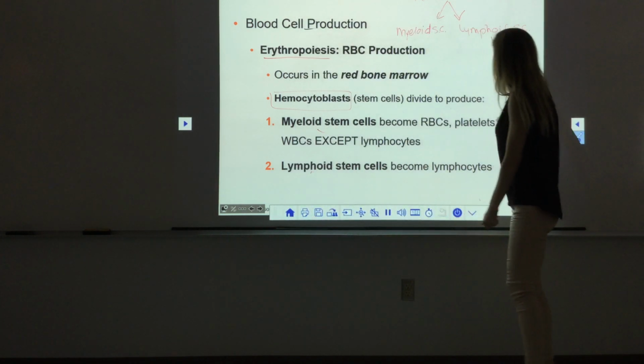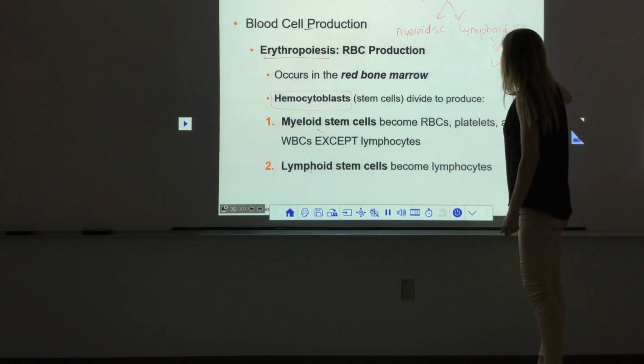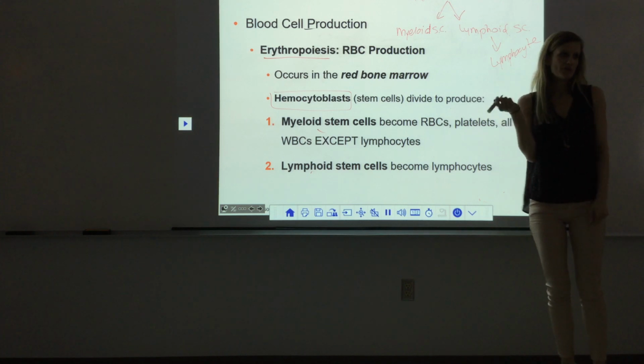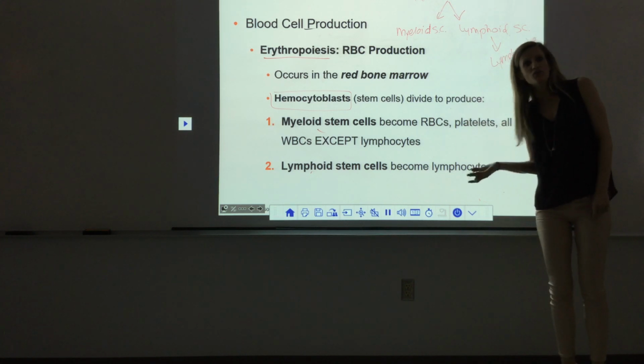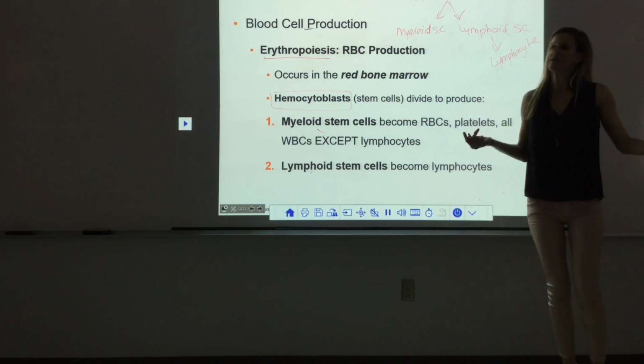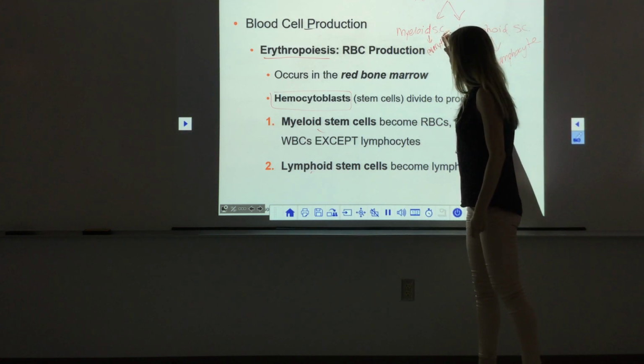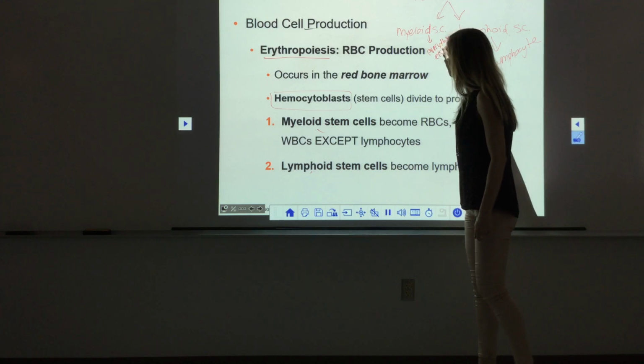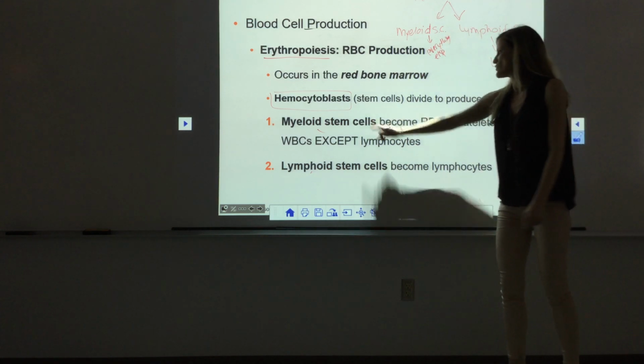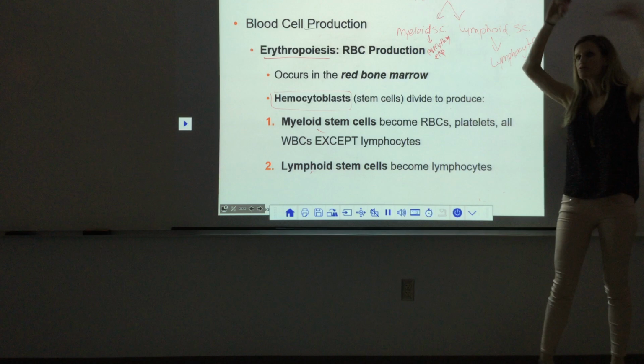Lymphoid stem cells give us a very specific type of white blood cell called the lymphocyte. Okay? Lymphoid stem cells give us lymphocytes. Myeloid stem cells give us everything else. Okay, so myeloid stem cells then give us all the other blood cells.